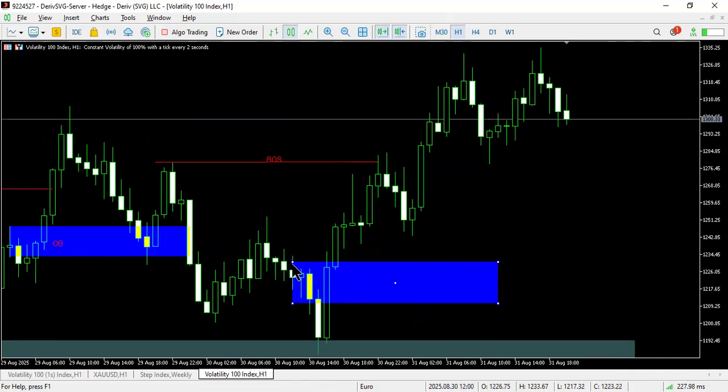However, price did not react from that order block.